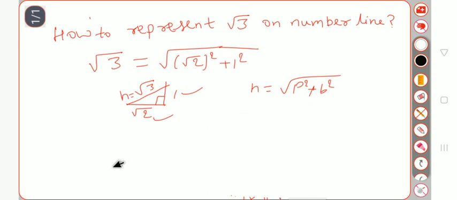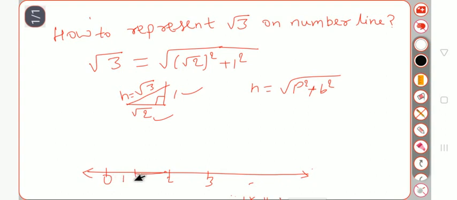So by applying this logic we can represent root 3 on number line. So just draw a number line here. Suppose this is the number line, and here it is 0, here it is 1, here it is 2, here it is 3. Now we have to represent root 3. So first we will represent root 2, then we will represent root 3.